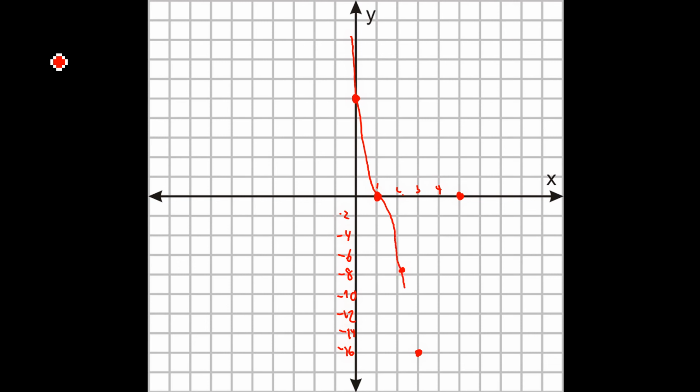So in a sense, all of the pieces of information we need for a graph can come from analyzing the function of what f is, of what f prime is, and also of what f double prime is. So this one, there's only one place where the slope creates a critical point that makes a min or a max of any kind of extrema, and that's down there.